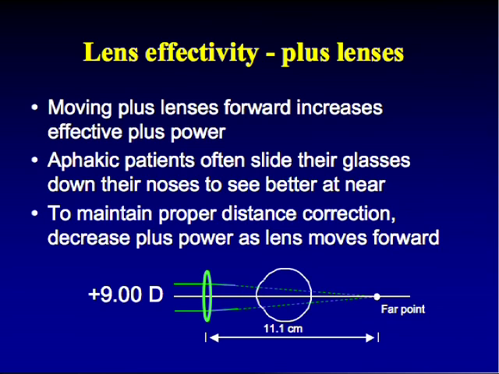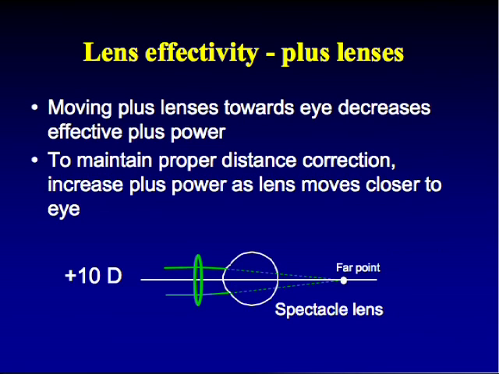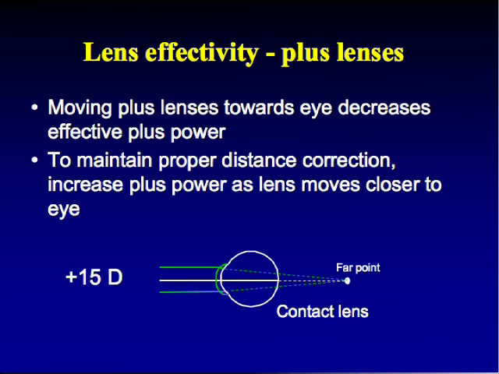Now there's a semi-intuitive way to help you remember this. You know that roughly an aphakic patient is going to have a spectacle lens power of, say, 10 to 12 diopters. But if you were to put them into contact lenses, you know from your clinical experience that an aphakic contact lens patient is going to be about a 15 to 18 diopter contact lens.